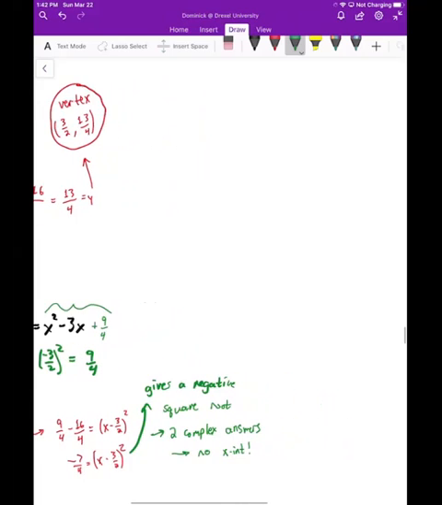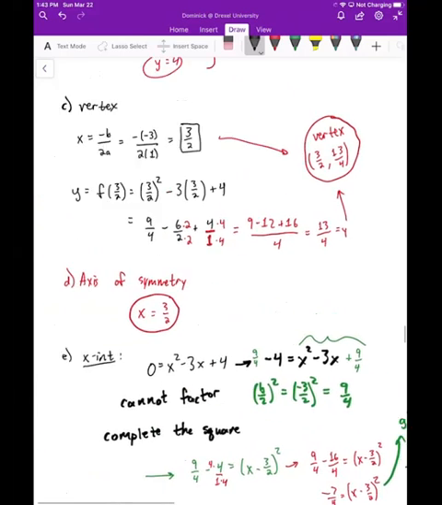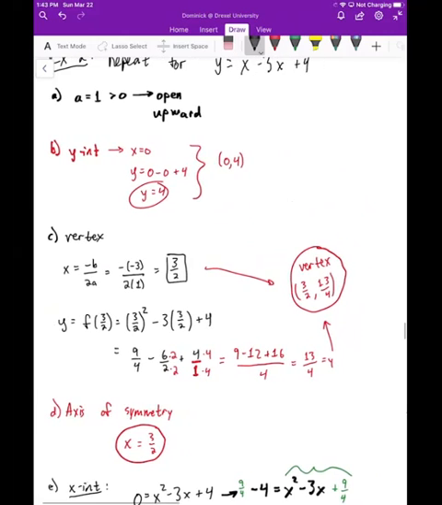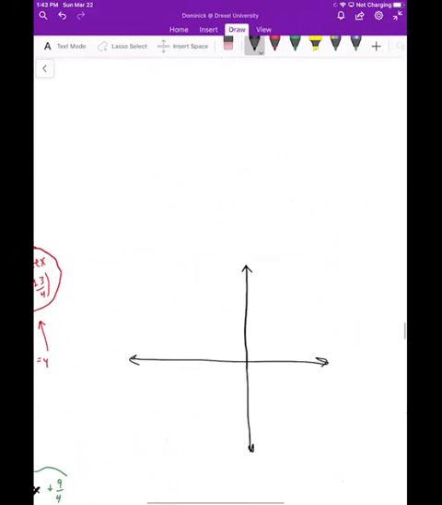So let's go ahead and we'll graph what we have. Let's try and make a straight line this time. So that's a little better. So now if we want to graph this, we'll just graph exactly what we know so far. So we know that we have a y-intercept at 4.